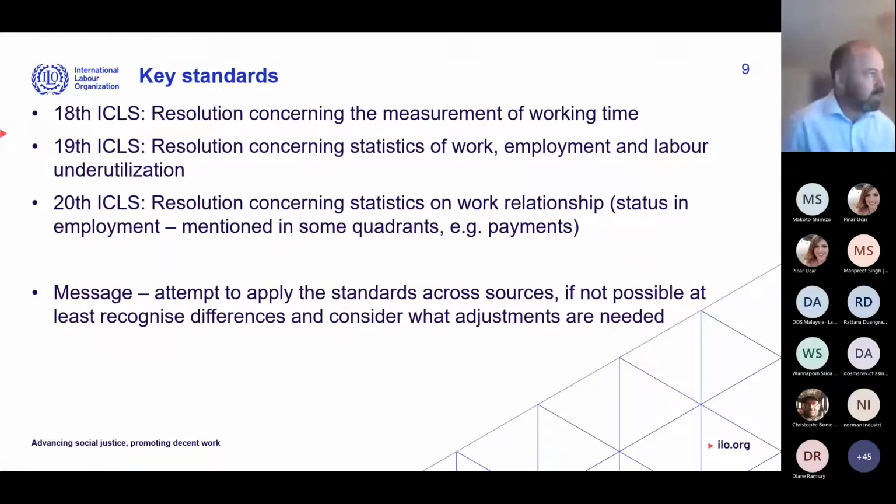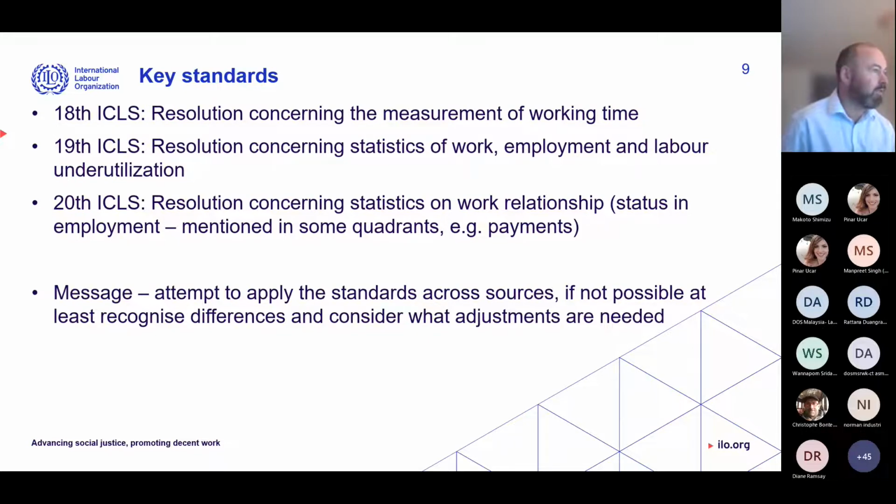So some of the key standards, really the last three sets of ICLS resolutions are important. In the 18th ICLS in 2008, there was a resolution concerning the measurement of working time, and that is one of the quadrants of a labour account. The 19th ICLS provided the definitions on work, employment, and labour underutilization, and the 20th ICLS concerns statistics on work relationships.